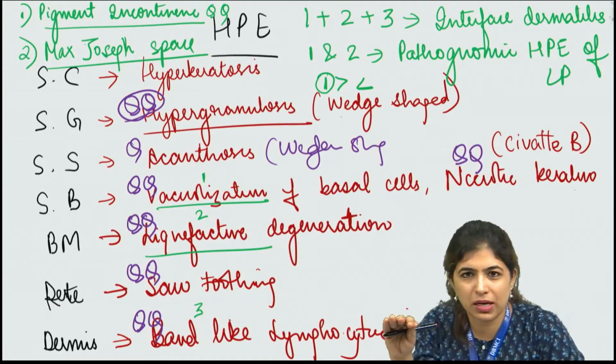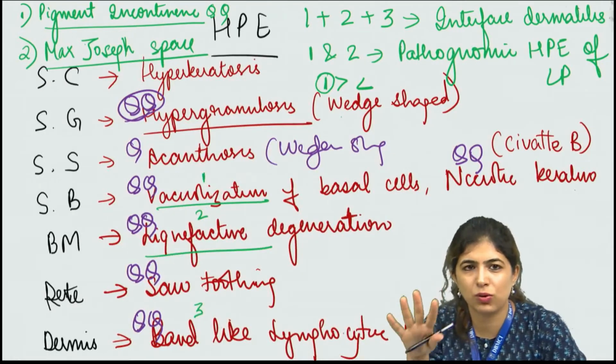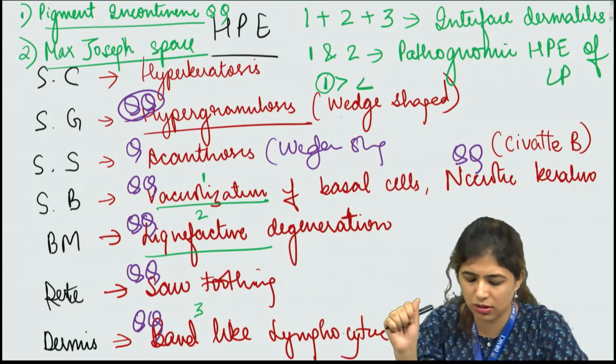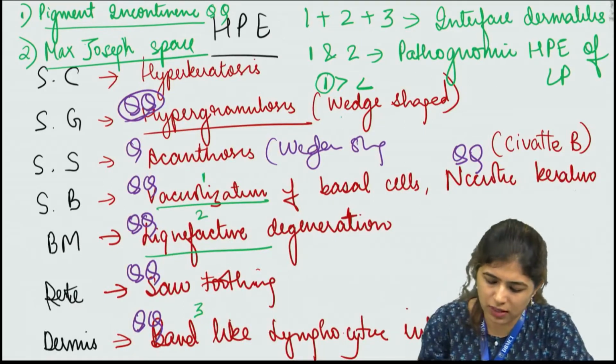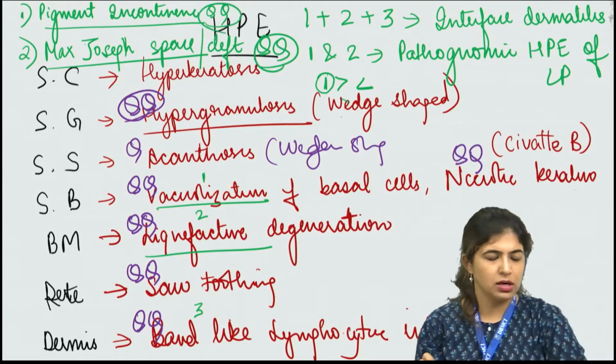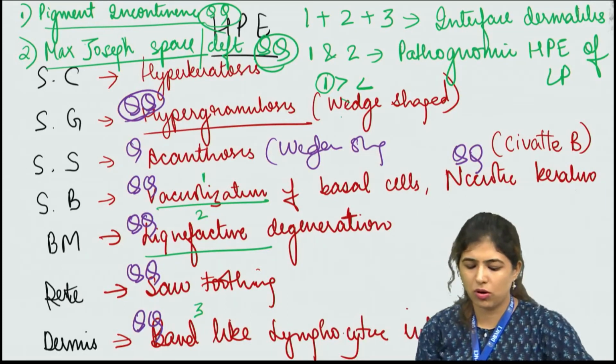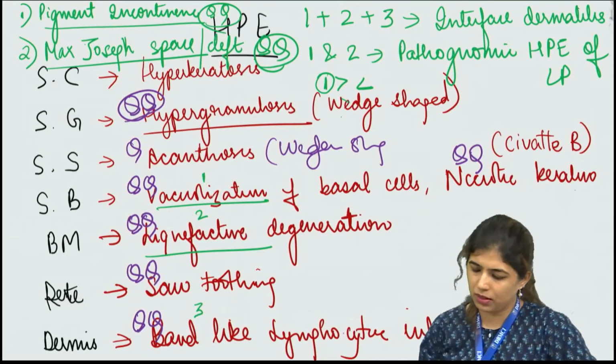This is not happening in reality. It is a histopathological artifact seen during the slide tissue preparation, called Max Joseph space or Max Joseph cleft. This is also important. Clear to you? Entire HPE on the same slide.